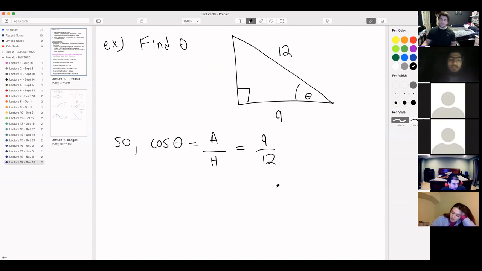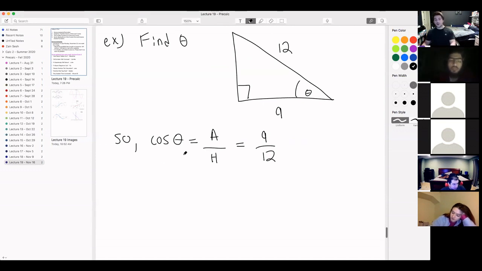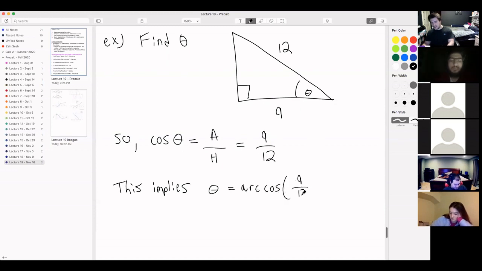That's just the definition of cosine of theta. Good, but then this implies that theta is equal to arc cosine of 9/12.